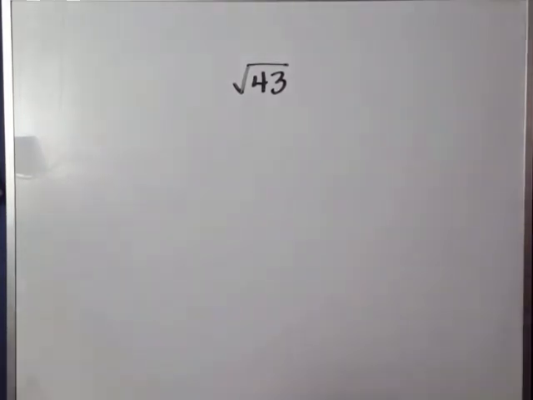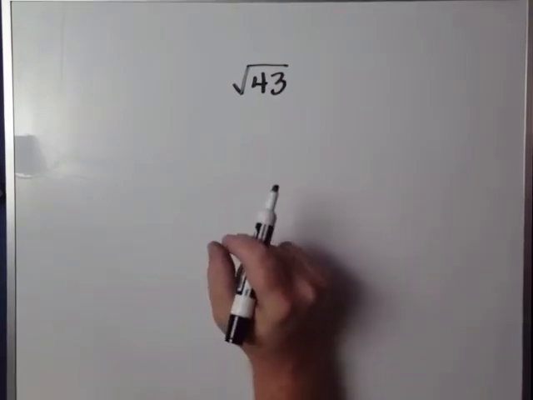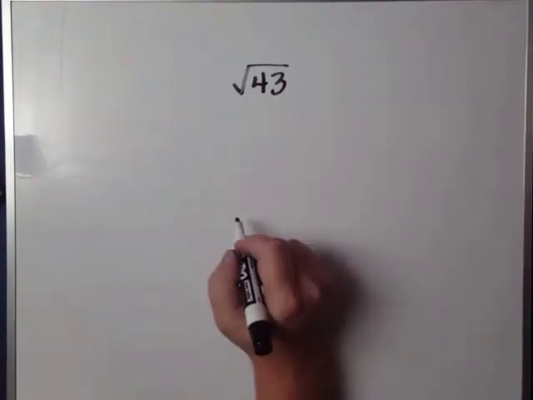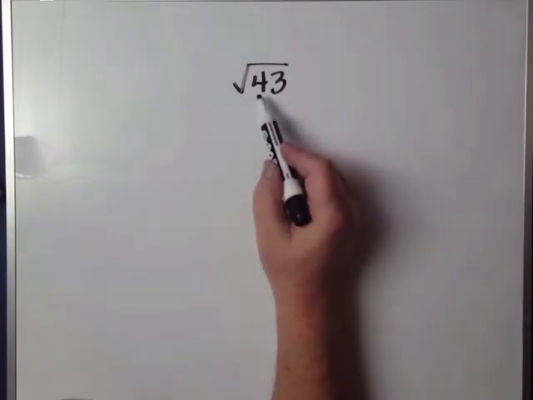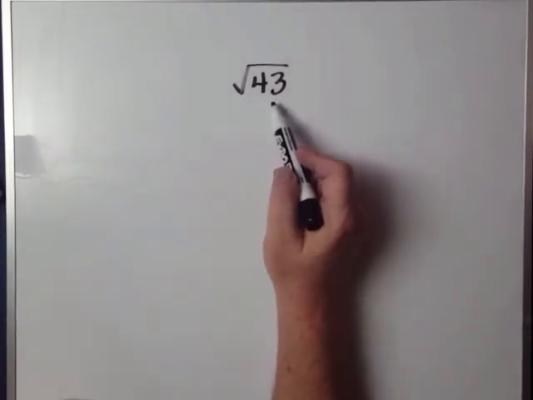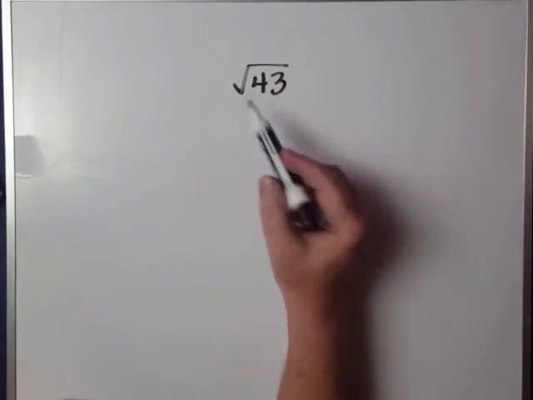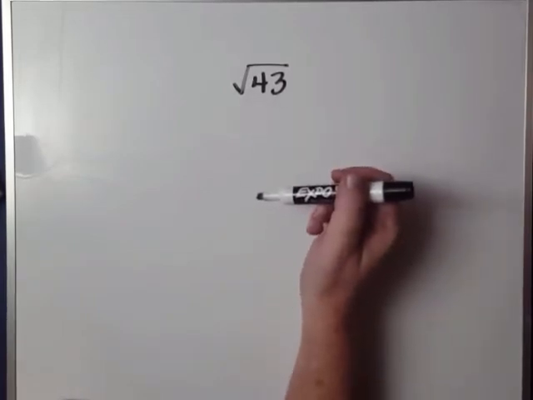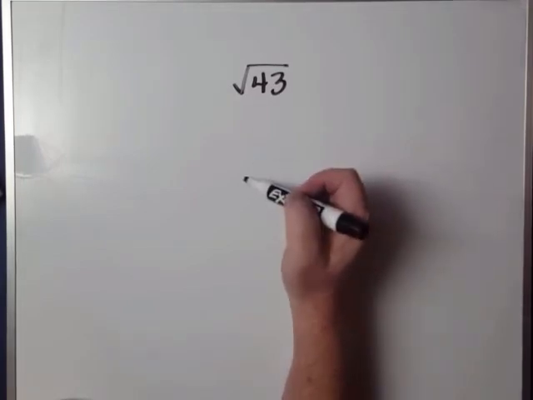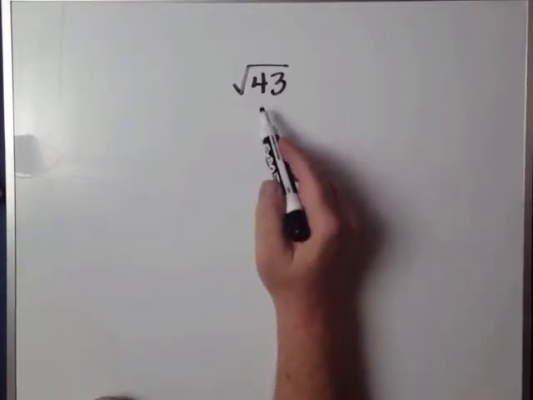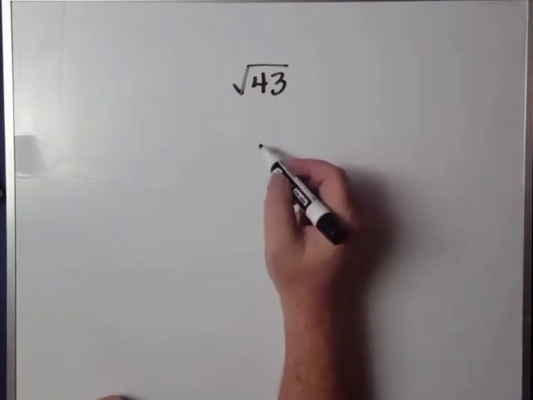Now, I've kind of mentioned this a couple of times already in passing, didn't make a big deal of it. 43 is not a perfect square. 43 has a square root that's irrational. And what she wants to know is, between what two integers is the square root of 43?